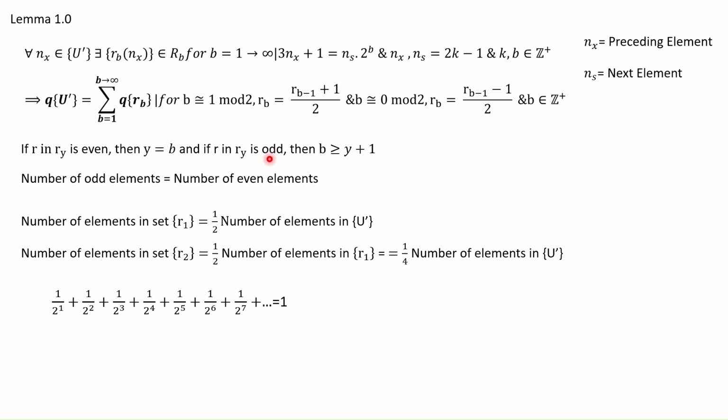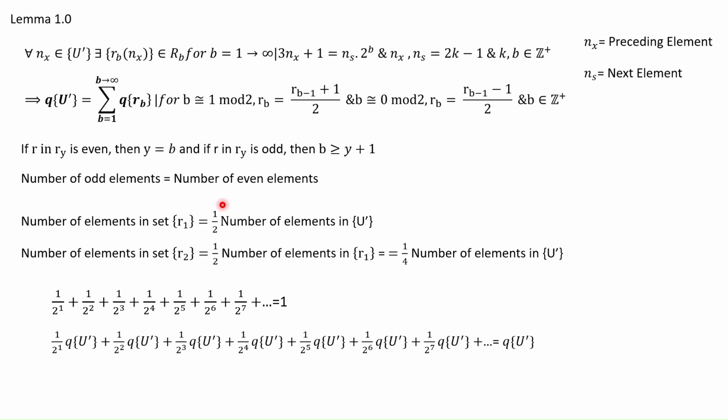So this means that for all the elements of these sets RB, where B ranges from 1 to infinity, we have the summation 1/2 q, as in the number of elements, q of U prime.